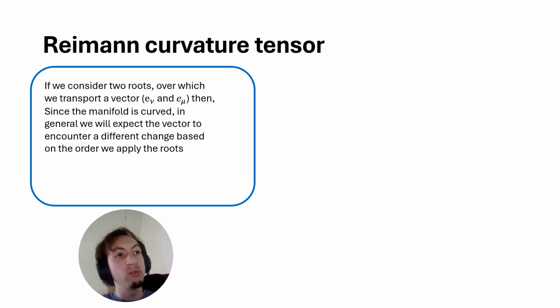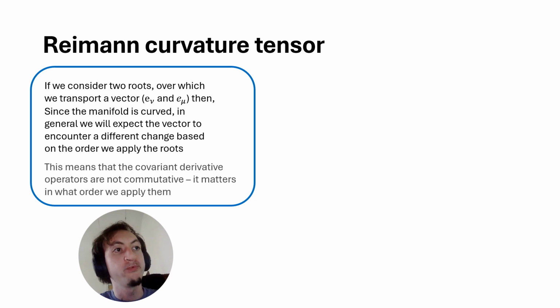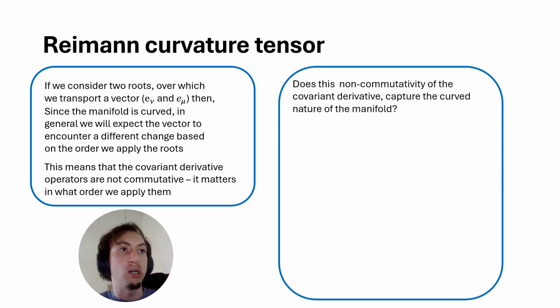So if we have an overall path and split it up into two paths, it matters in which order the vector takes those individual paths. And we can summarise that dependency in terms of the commutator between a covariant derivative along one direction and another, so along our subpaths.